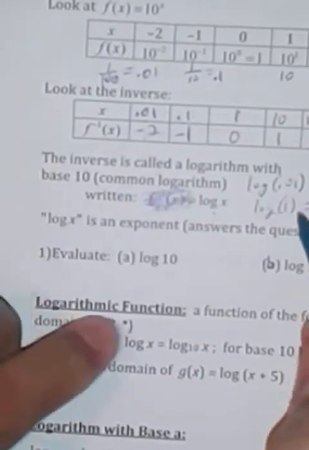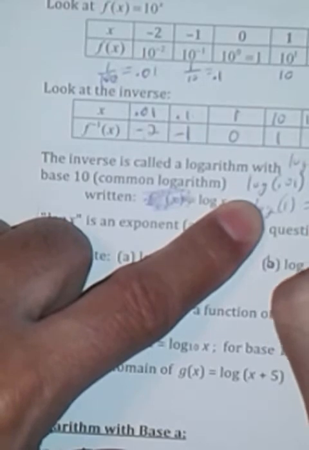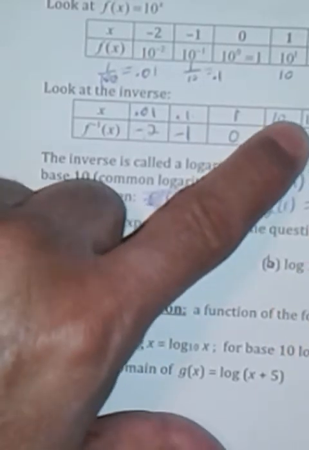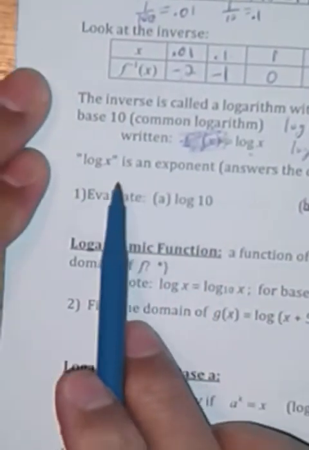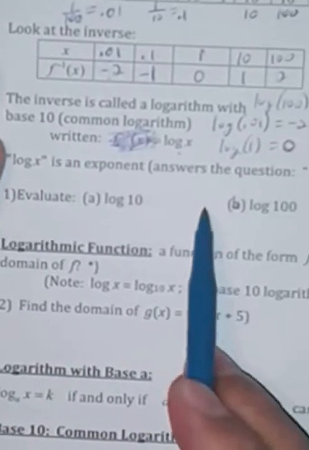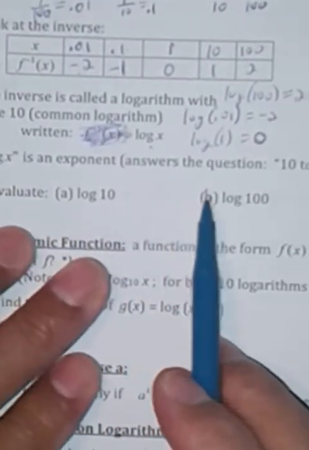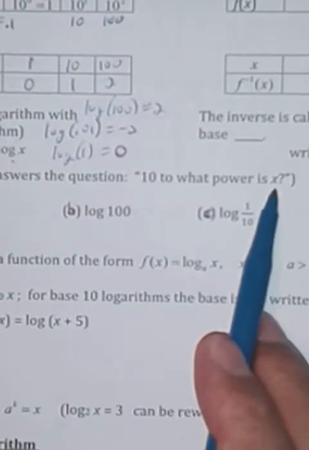Log of 100 would be whatever the exponent was, 2. So notice log of x is an exponent, which means the output is an exponent. And you can always ask yourself the question, 10 to what power is that x?